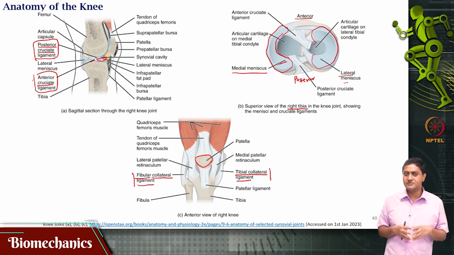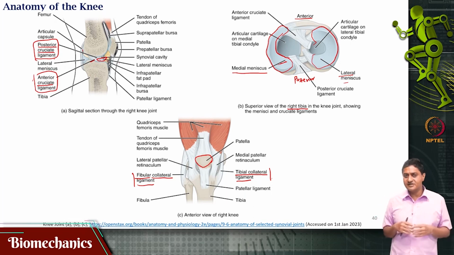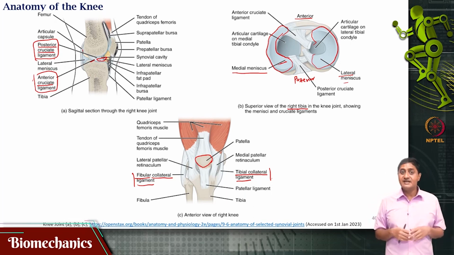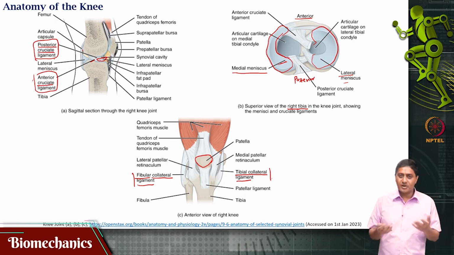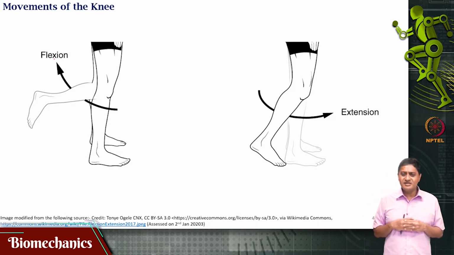Extension of the tibia against the femur is possible through the quadriceps muscle, and its mechanical advantage is increased by the presence of the kneecap or patella, which is a special sesamoid bone that we discussed.